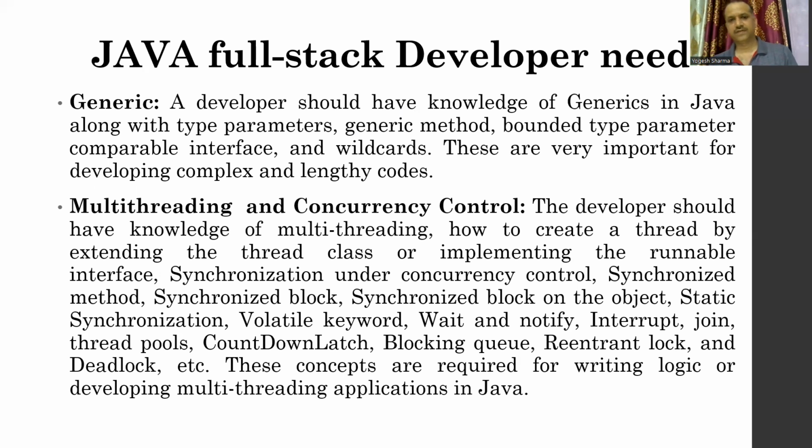Another part is multi-threading and concurrency control. The developer should have the knowledge of multi-threading, how to create a thread, how to set the priority of a thread, how to do synchronization, and how to create a synchronization block and a synchronization method.